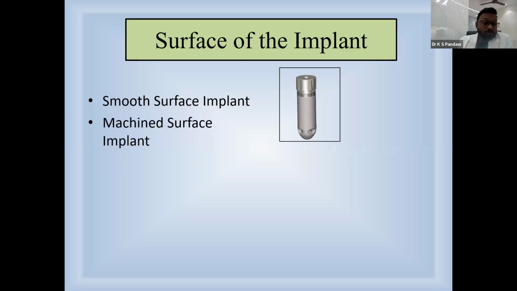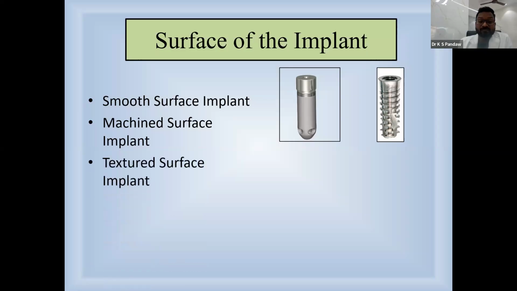To increase the bone to implant contact area, we modified this smooth surface to the machine surface. So what is a machine surface? It has a screw thread over the implant surface. In this way, we can increase the bone to implant contact area. But still, if you see this photo, it is a smooth surface implant.